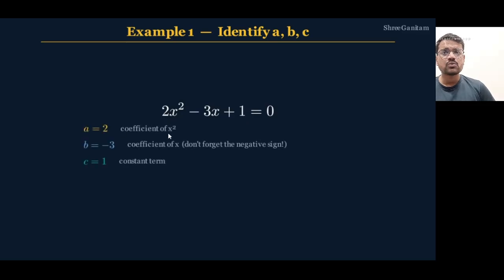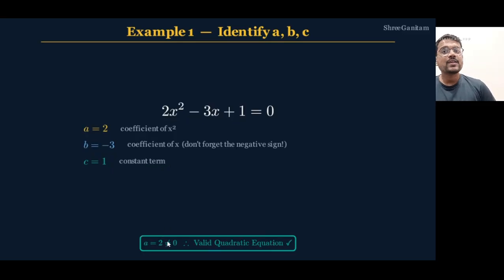So a is 2, the coefficient of x squared, b is minus 3, the coefficient of x, and c is 1, which is constant. See, a is not 0, a is 2, so this is a valid quadratic equation.